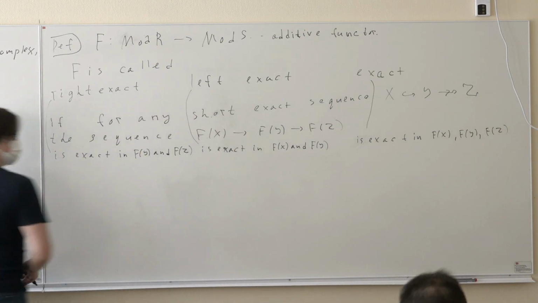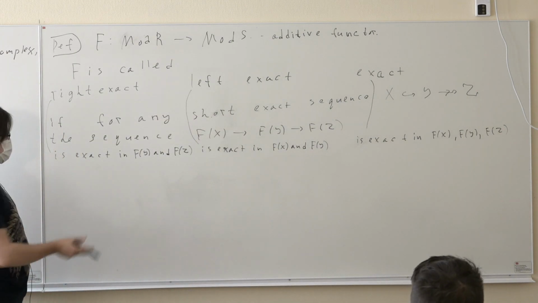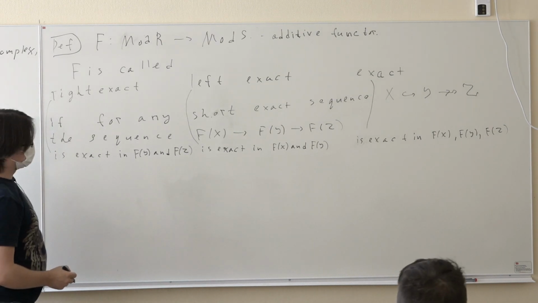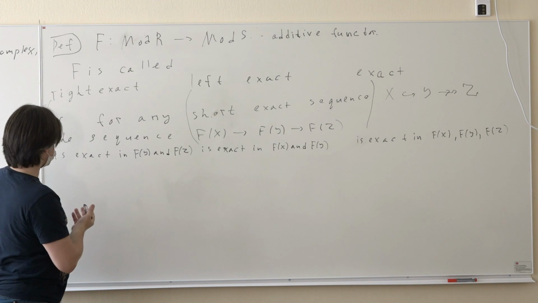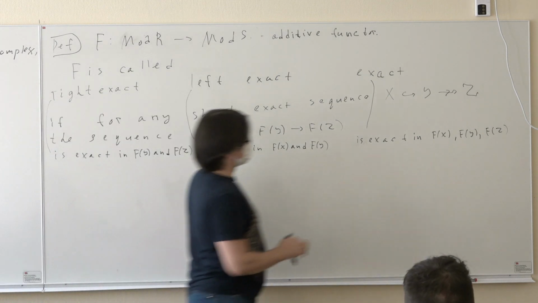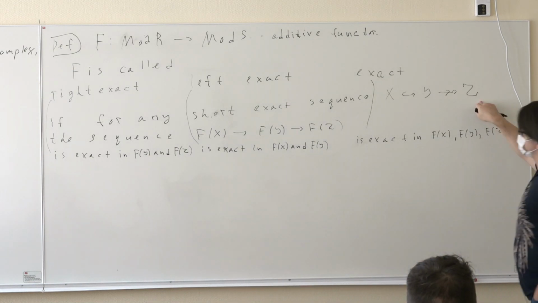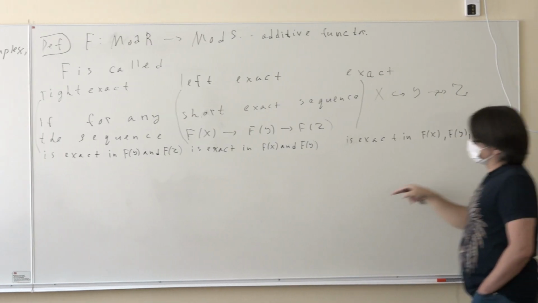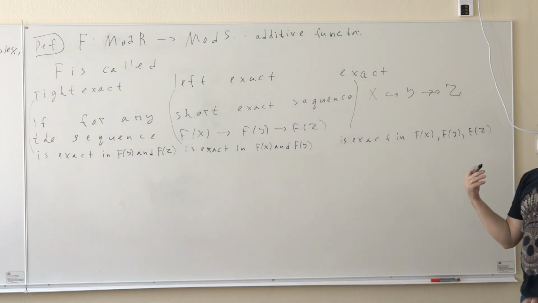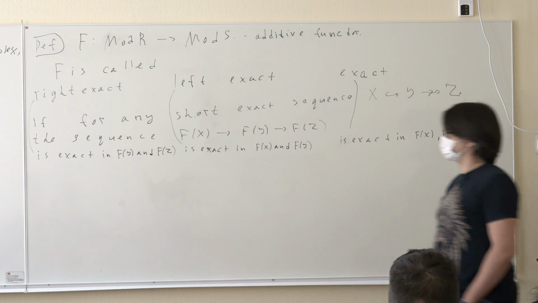So exact is equivalent to being left and right exact. Thus, right exact means that it preserves co-kernels of morphisms, and left exact means that it preserves kernels of morphisms.